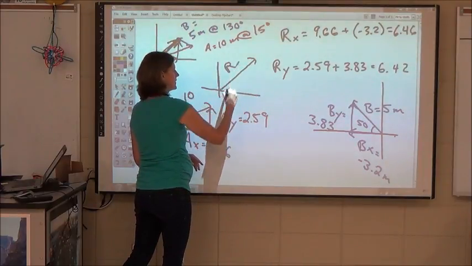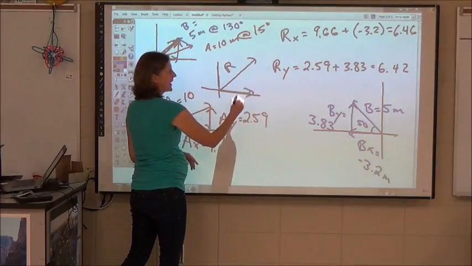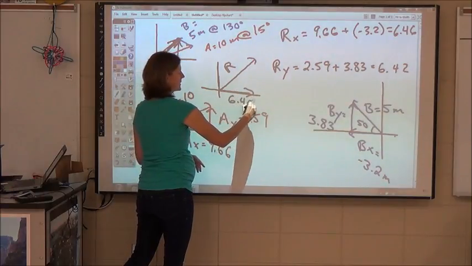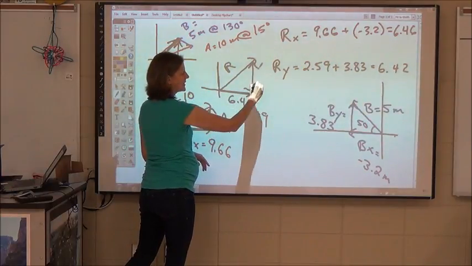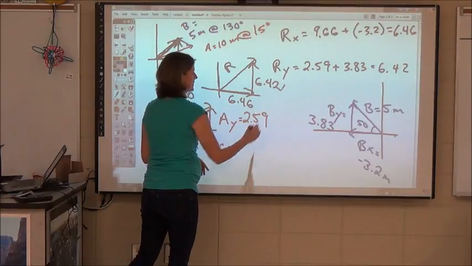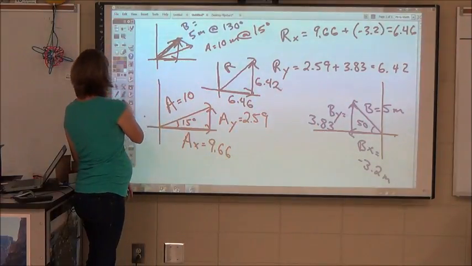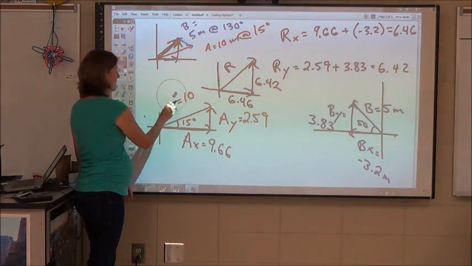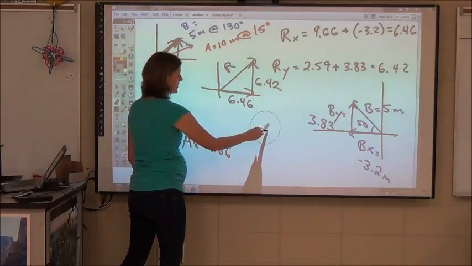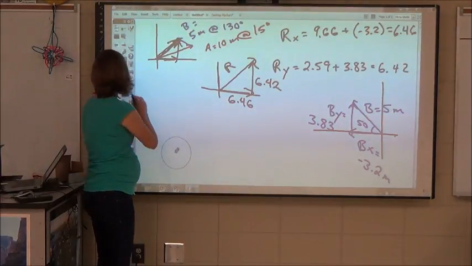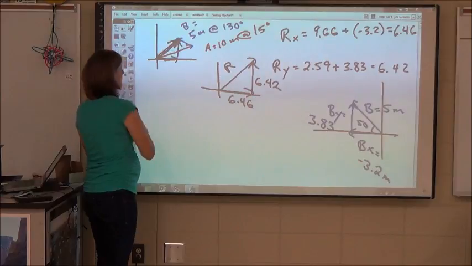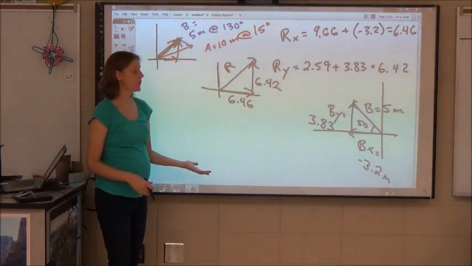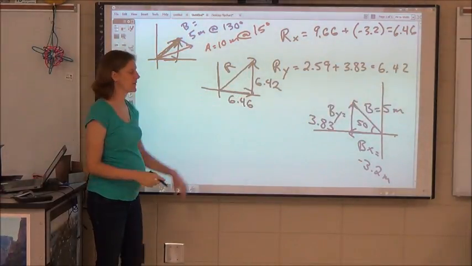So there's R. Our X is 6.46. Our Y is 6.42. And the whole point of doing all that work was so that these would be at right angles.